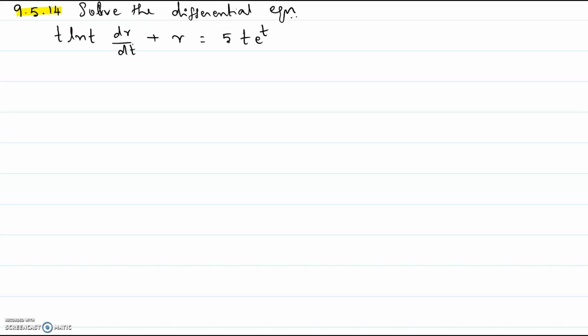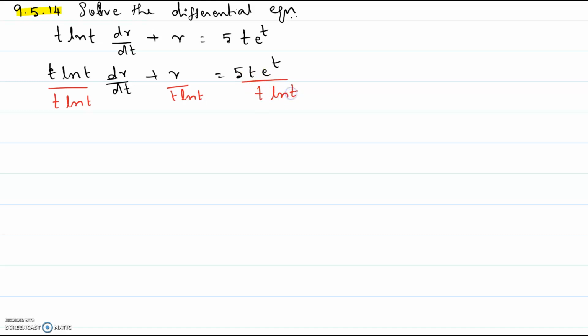If we divide the whole thing by t ln t, so we have t ln t times dr by dt plus r equal to 5t e to the t. Divide both sides by t ln t, assuming t is more than 1 and positive.